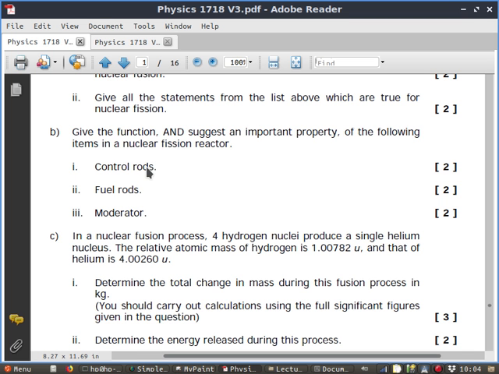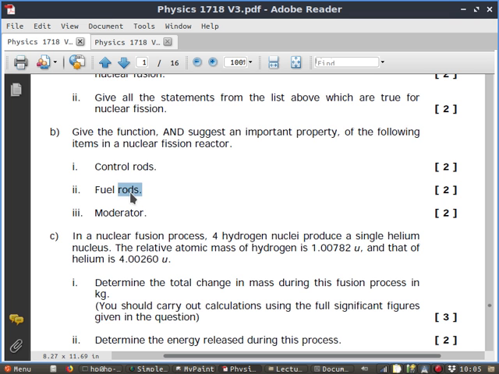So, what's the control rod usually made of? What do we say it's usually made of? Carbon? I forget. Anyways, what do we need the control rod to have as a property? It needs to be good at absorbing neutrons. Thank you. So that's one property.